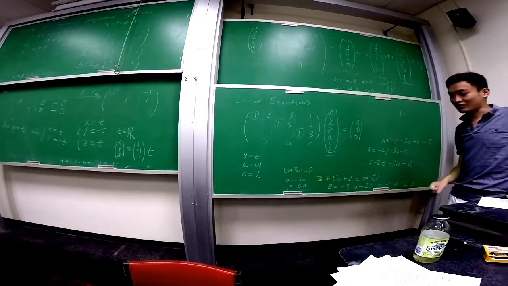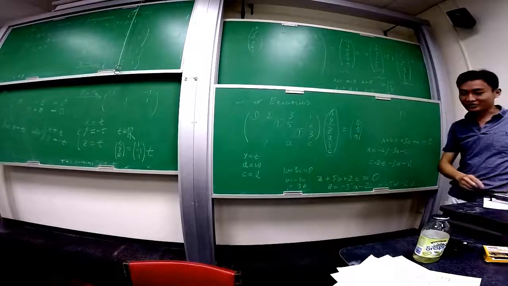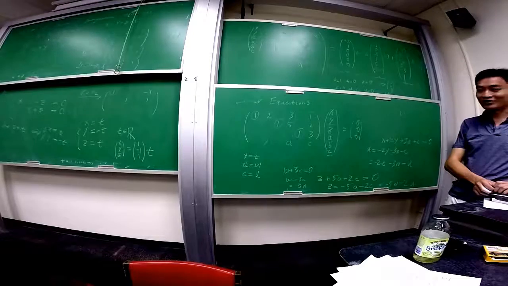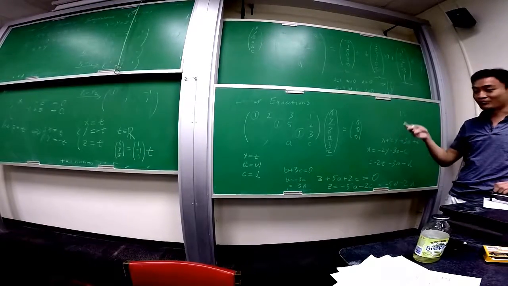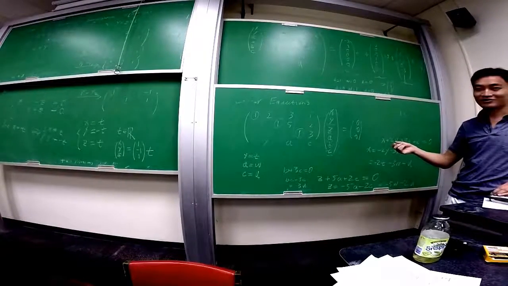So in order for a system of homogeneous linear equations to have a unique solution, the only way is for the reduced row echelon form not to have free variables, right?